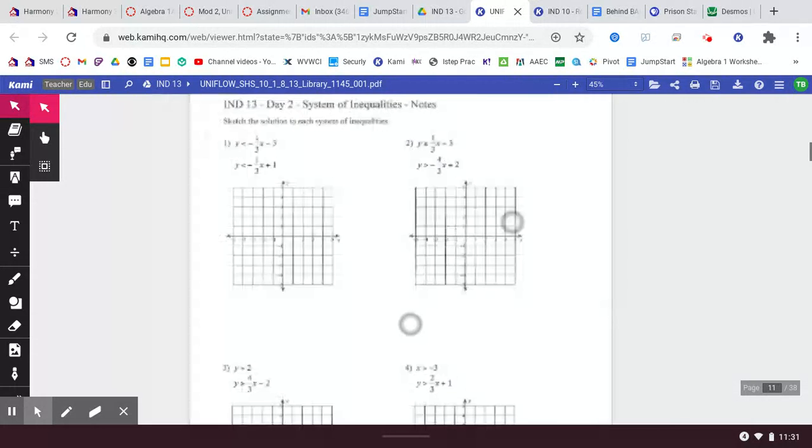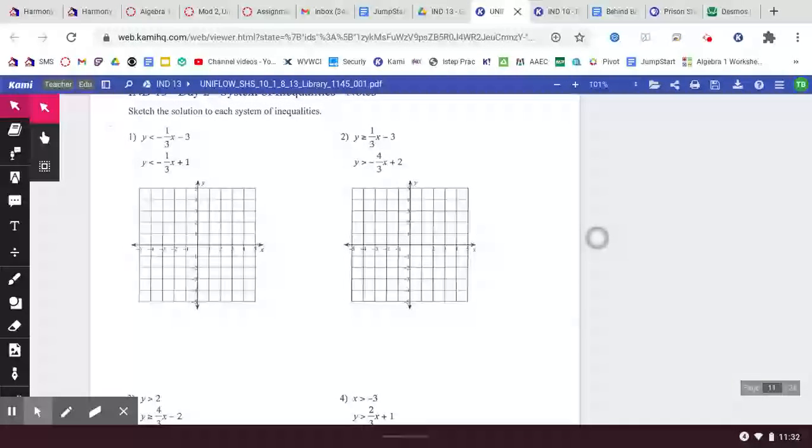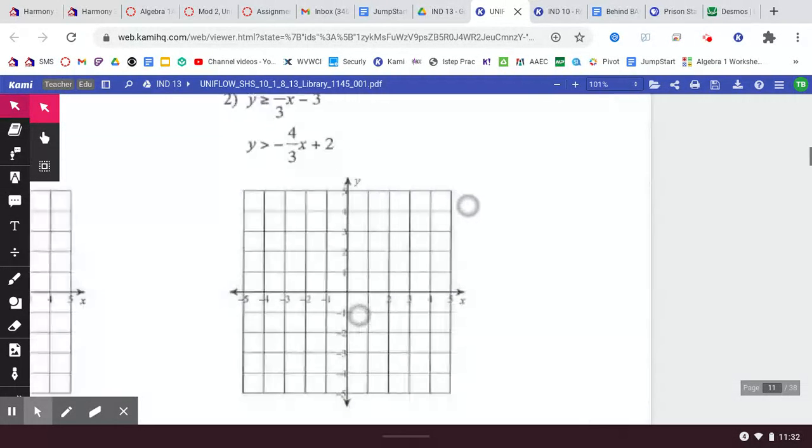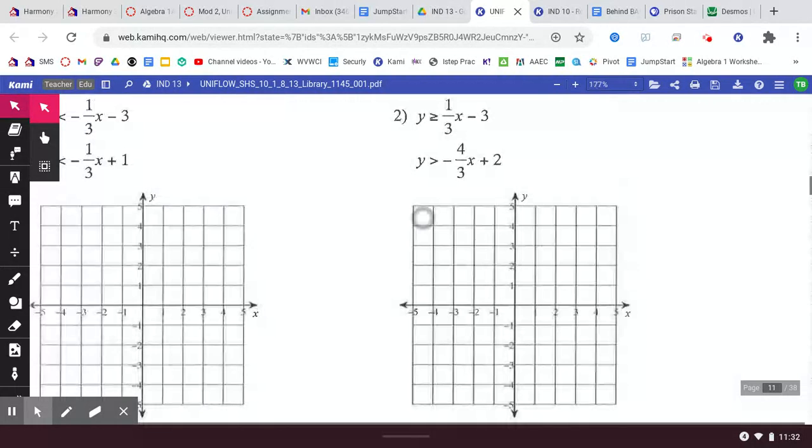All right, so now let's look at, I want to skip that first one. I want to look at this one. We're doing number 2 here. Copy that down in your notes. This is 13.2 now. So now these are all inequalities, and you know that because instead of an equal sign, there's a greater than or less than sign.